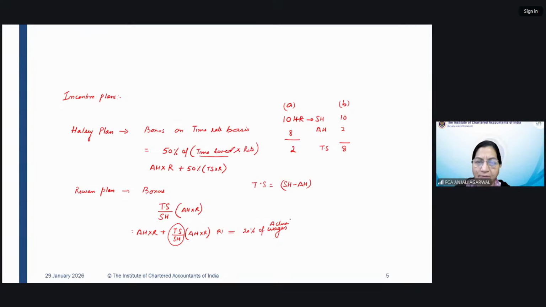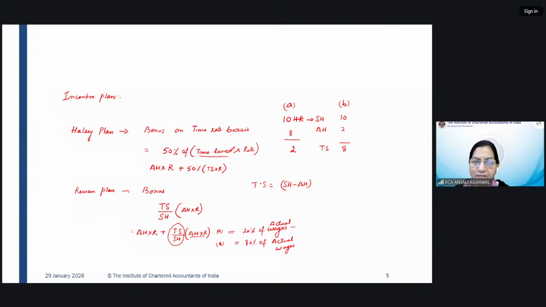Actual wages on time basis. Whereas in B, it is 80% on actual wages. Because this proportion, 20% or 80%, is applicable on actual hours into hourly rate. So here you get 20%, here you get 80%, substantially more.